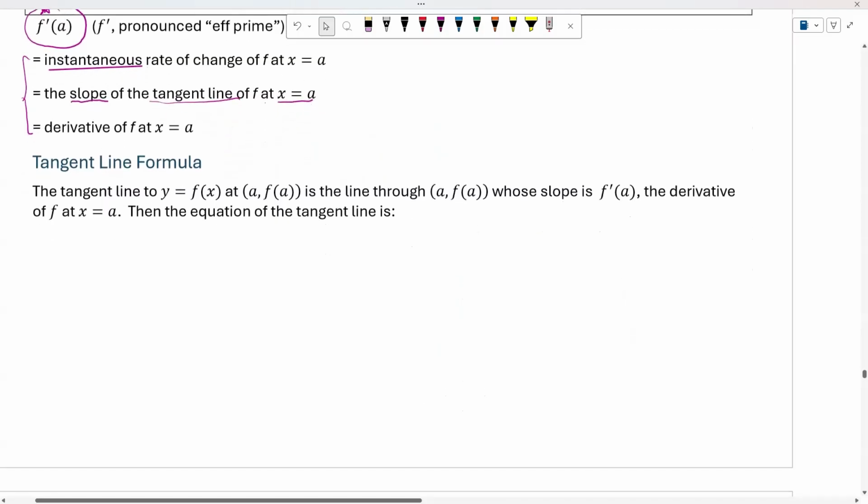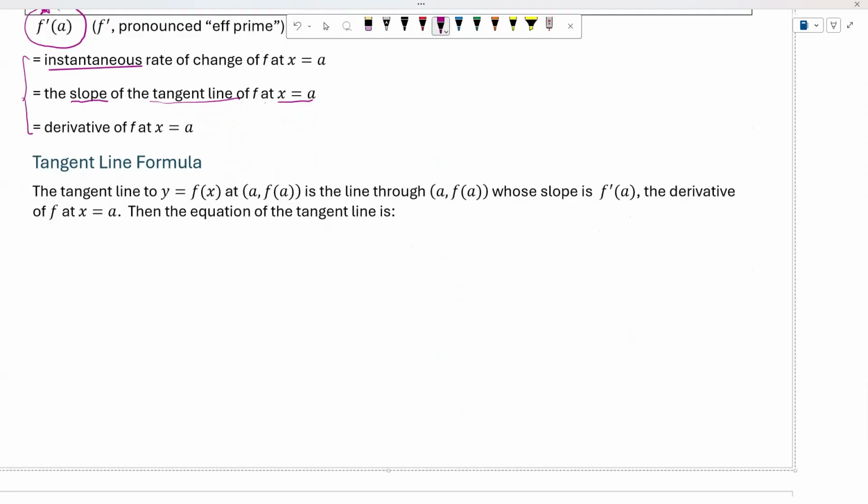Now, if I want to find the tangent line formula, of course, we have to remember the equation of the straight line. So again, in order to find a straight line, what we need is the slope and a point.